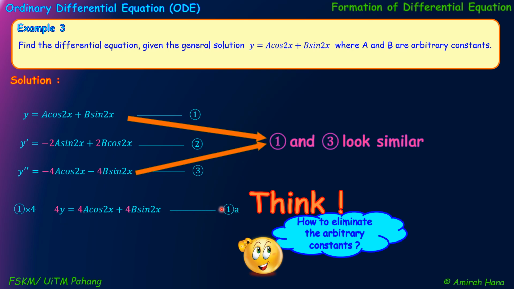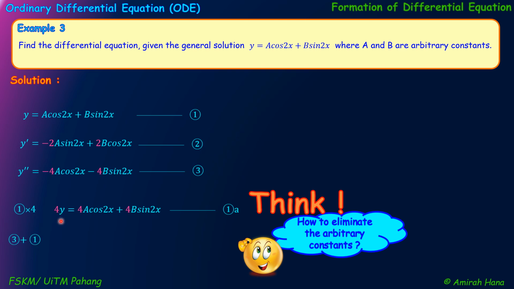We name this equation 1a. Equation 1a actually comes from equation 1, after we multiply equation 1 by 4. After that, we can add equation 3 and equation 1a.